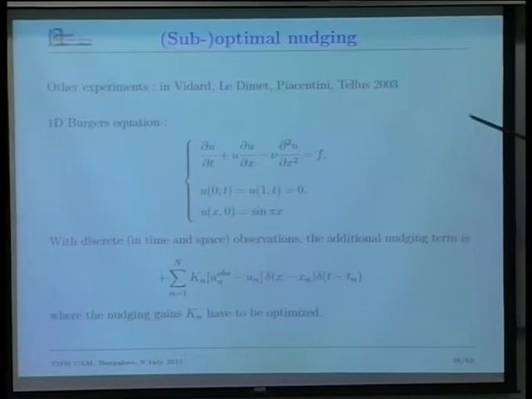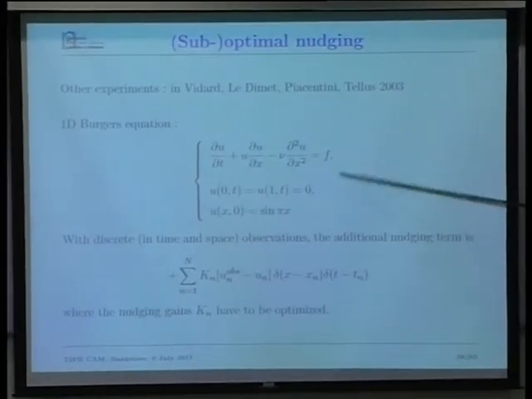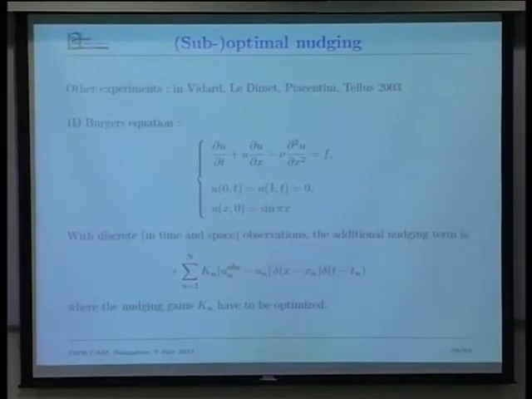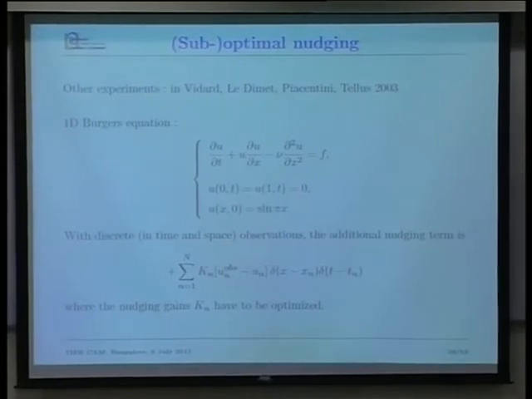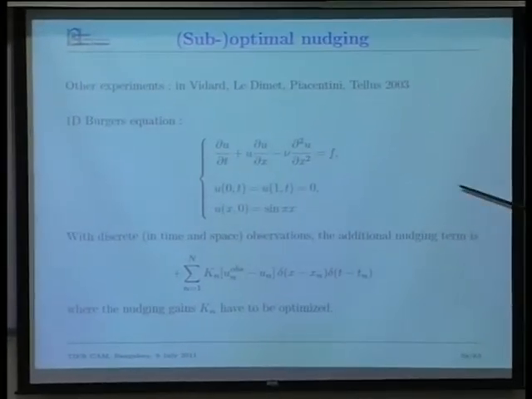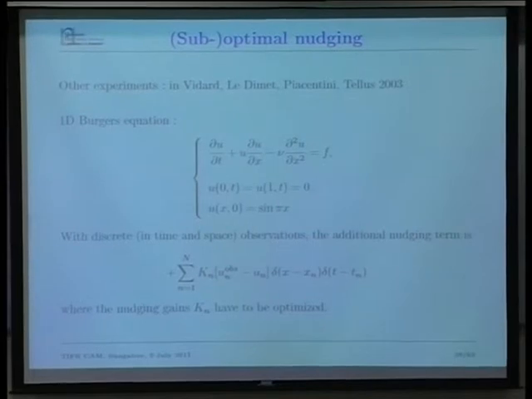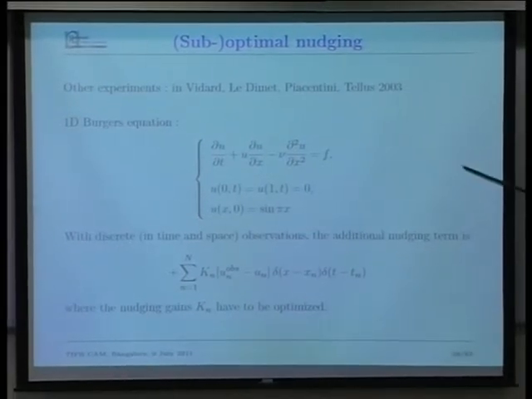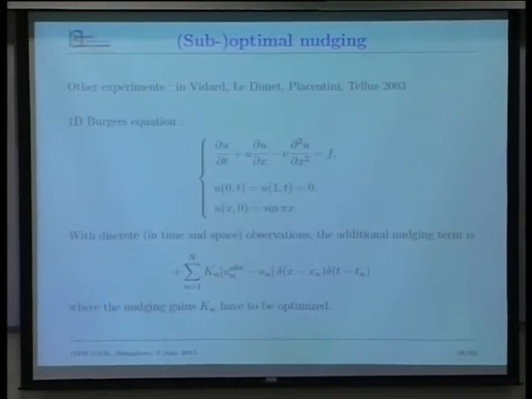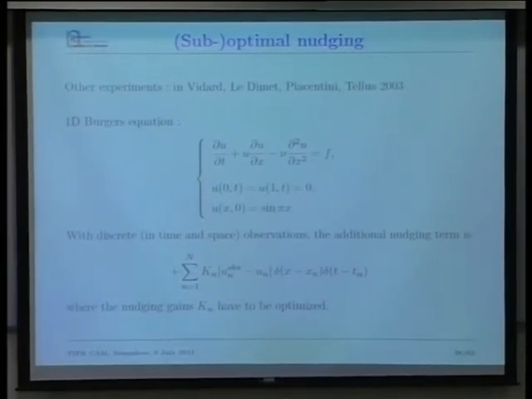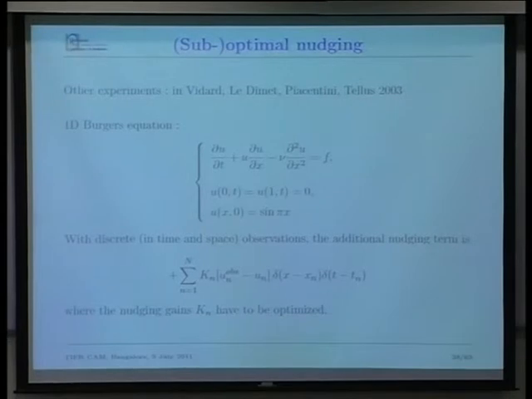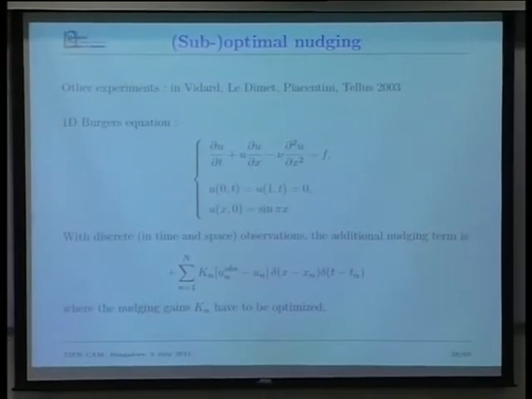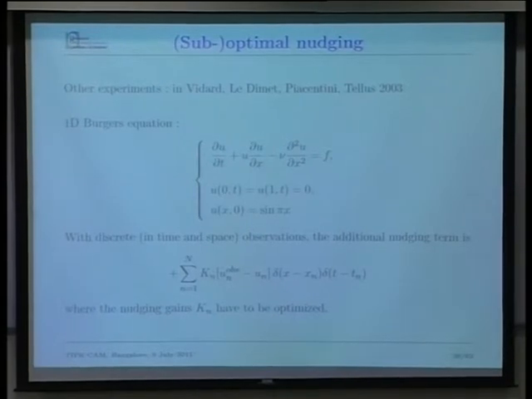So in this paper of Tellus 2003, they used the 1D Burgers equation, which is a very simple model. It's a very nice model from a mathematical point of view, and a very simple model for atmospheric circulation, also to study some wave equations.